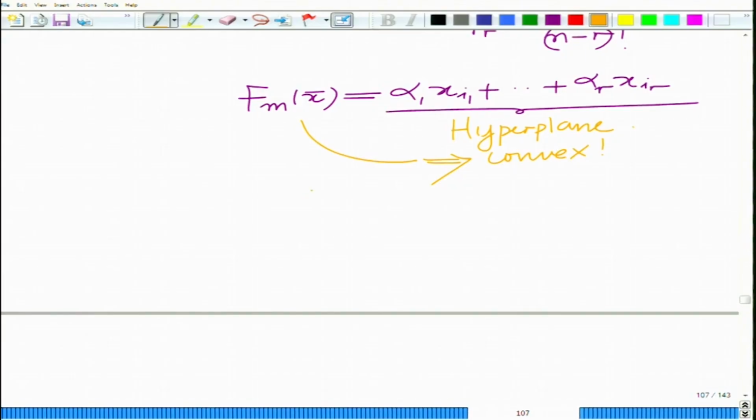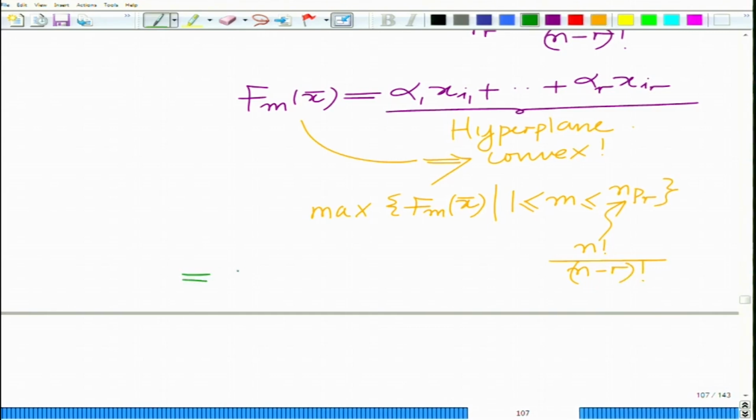And now therefore, if I take the maximum of this, for each x bar, for all the m less than nPr, that is, you take the maximum of all these nPr or n factorial by (n minus r) factorial functions, you can see that the maximum is nothing but alpha 1 times x subscript [1] plus alpha 2 x subscript [2] plus so on, alpha r x subscript [r].